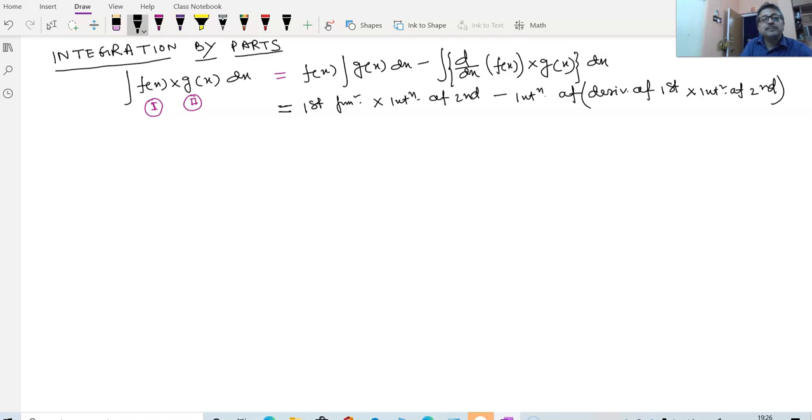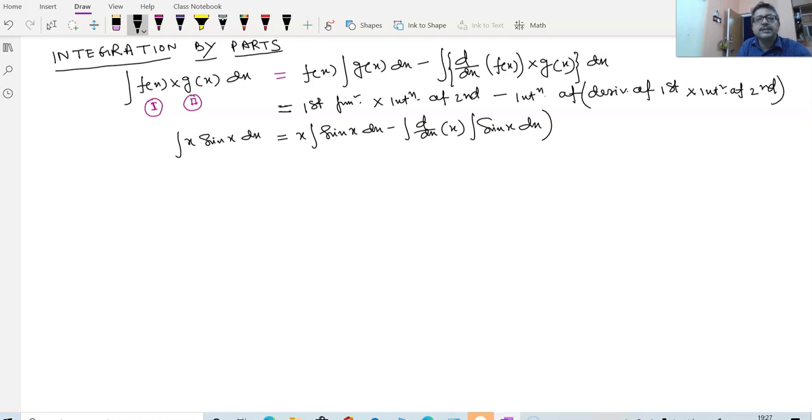For example, when I take the product x sin x dx, by taking x as the first function, this minus the derivative of x into the integration of sin x, whole dx.